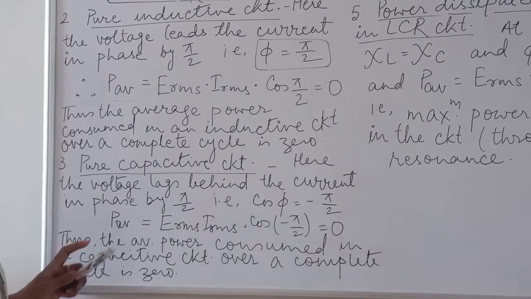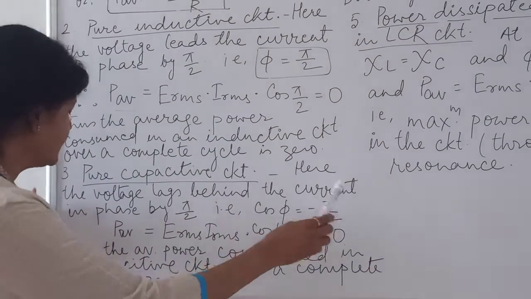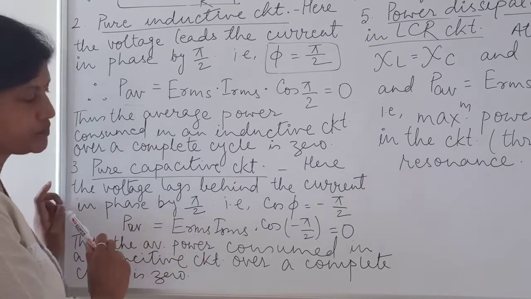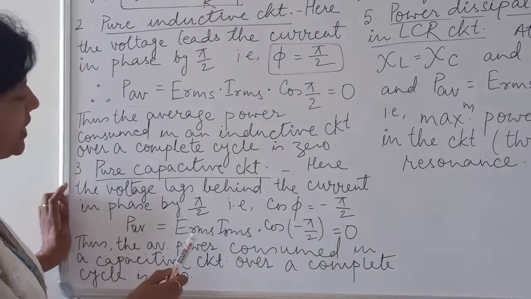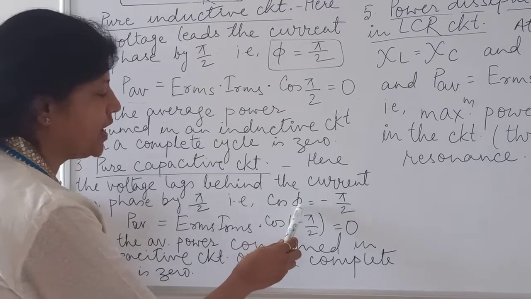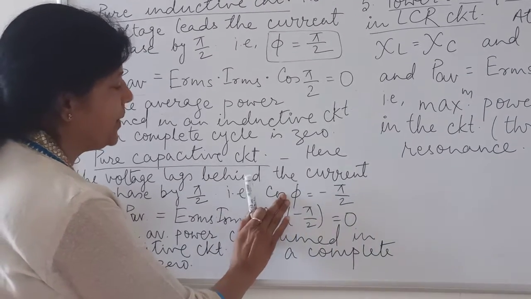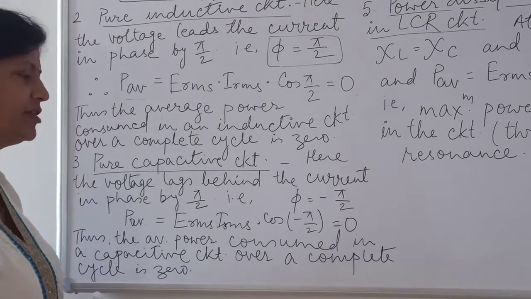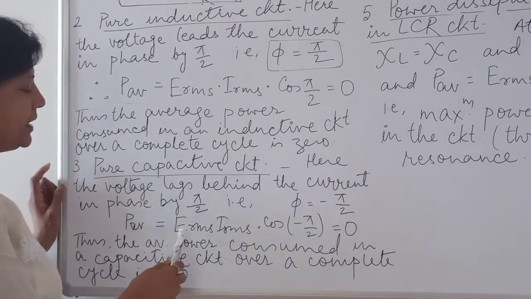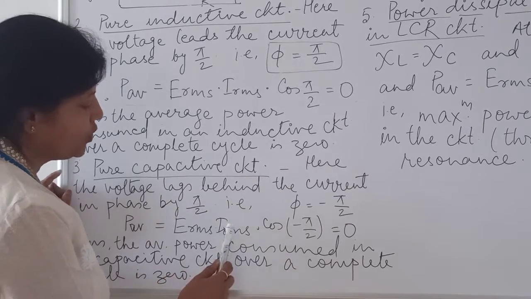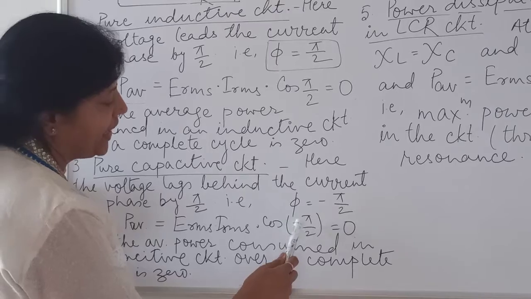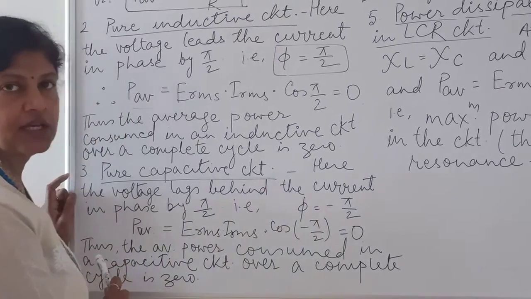Here the voltage lags behind the current in phase by π/2. That is, we can write φ = -π/2. Therefore, P average will be E RMS into I RMS into cos of -π/2.